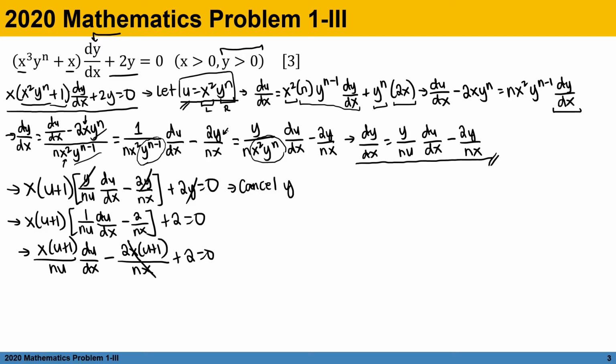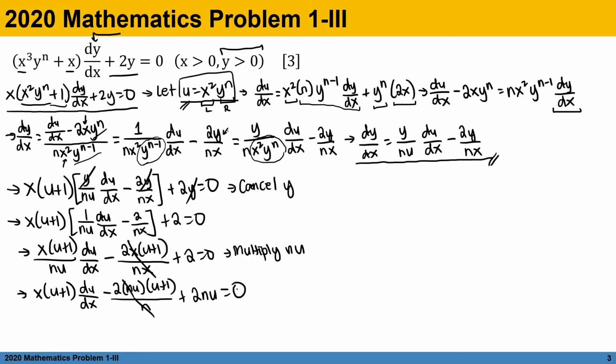Next, let us multiply nu to all the terms. So we have x times u plus 1 du over dx minus 2 times nu times u plus 1 all over n. We can cancel n here. And then plus 2nu equals 0.